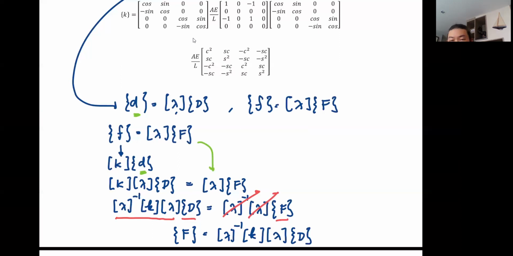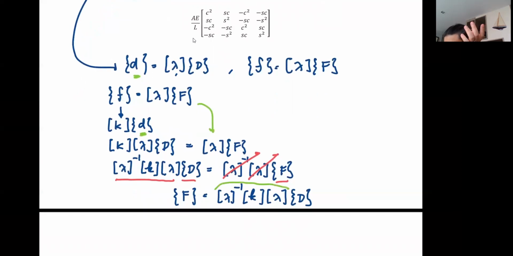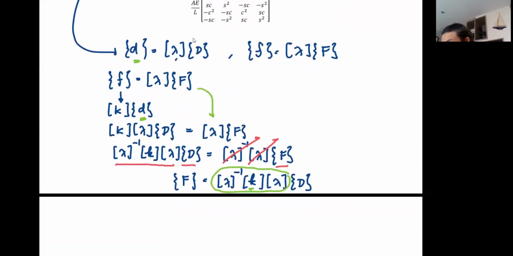So meaning now I can move every information I have in the local coordinate system into the global one. And I can change the local stiffness matrix into the global one in the global direction by having this. I can multiply the local stiffness matrix by the inverse of the transformation matrix and the transformation matrix itself. Okay, which is what we have here.